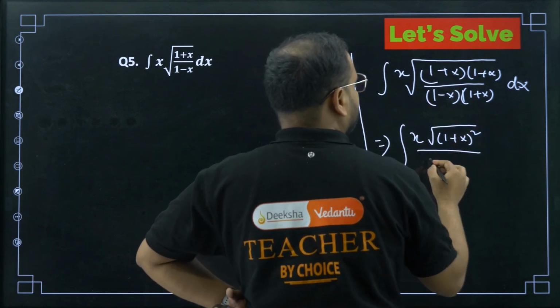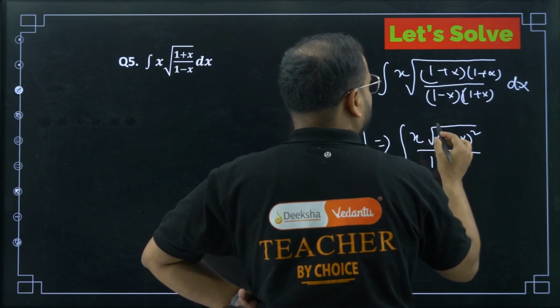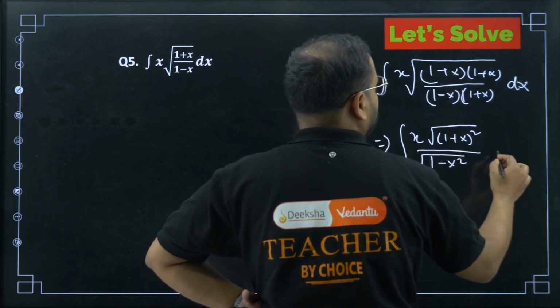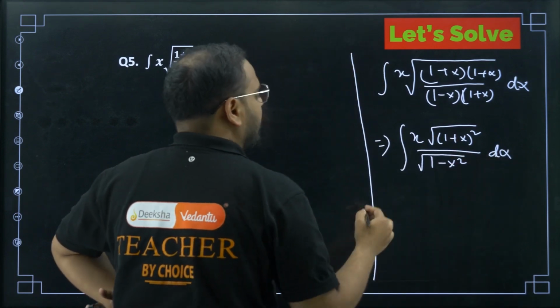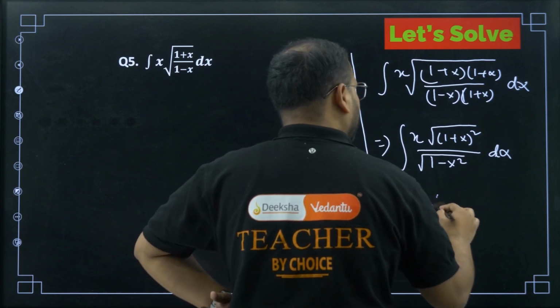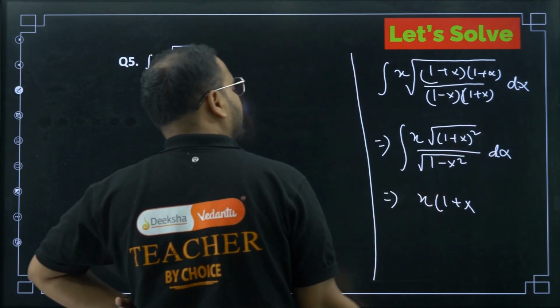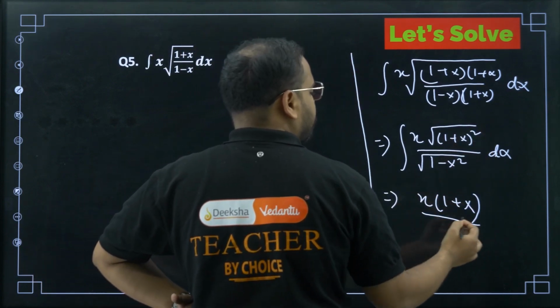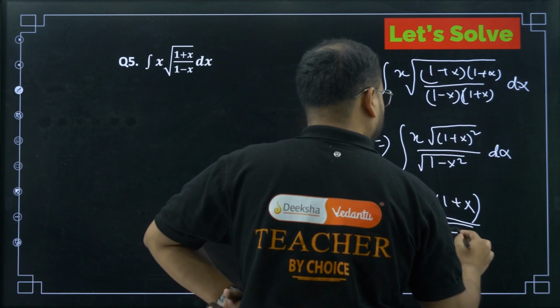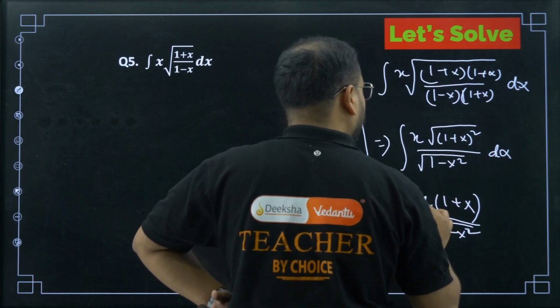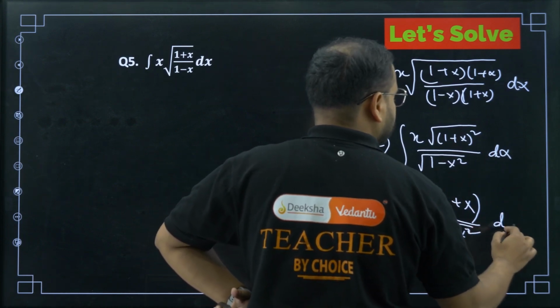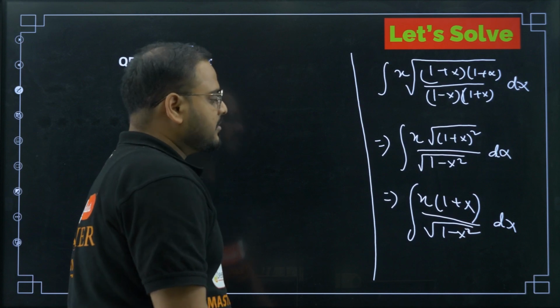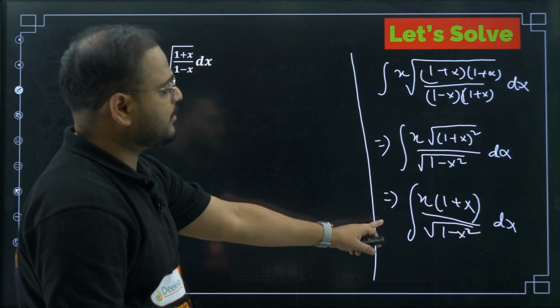It will be 1 minus x square in the root, dx. I get this as x times 1 plus x, because root and square cancel each other's effect, over 1 minus x square, integration with dx. This is my integral transform now.